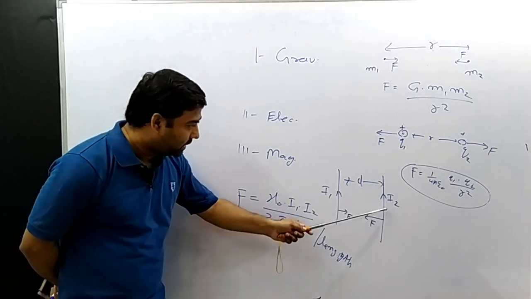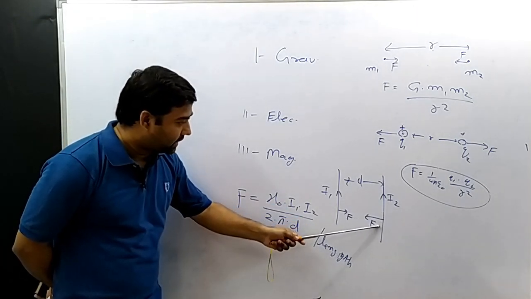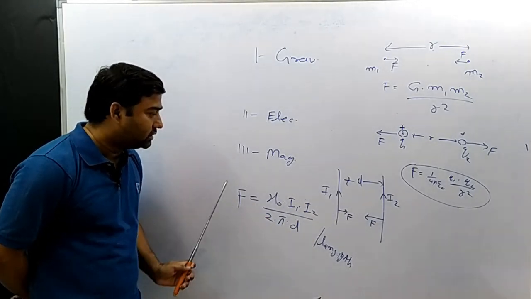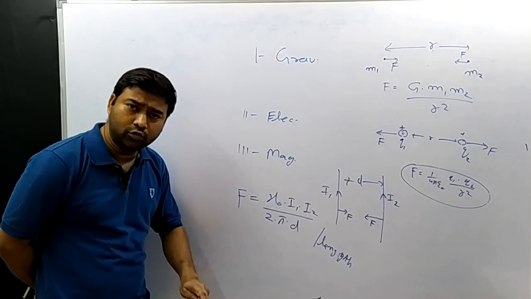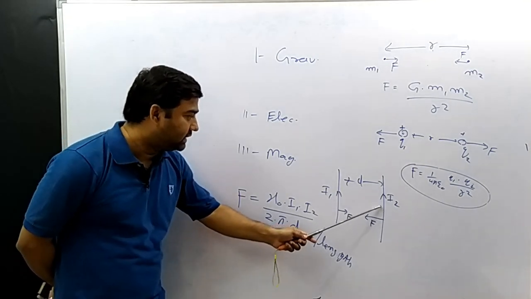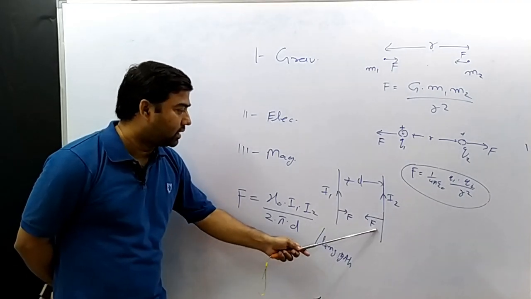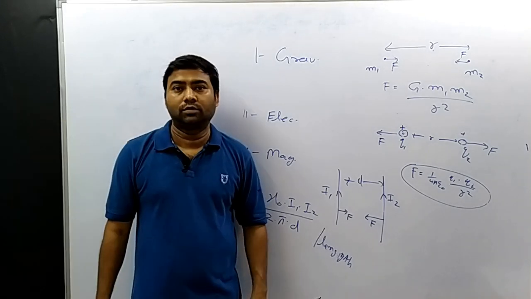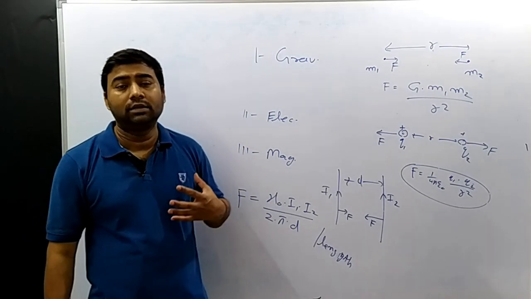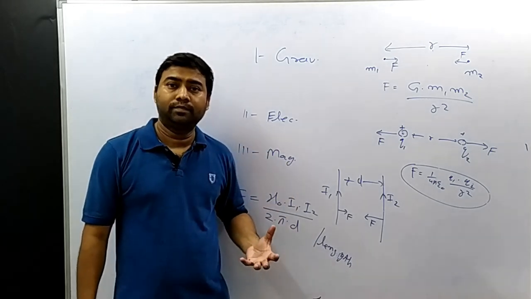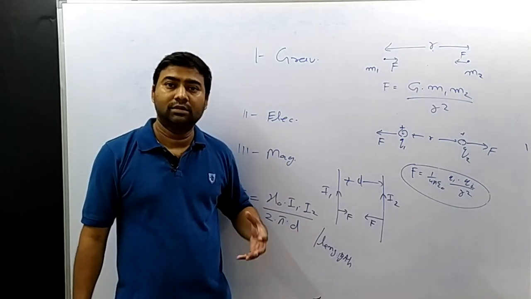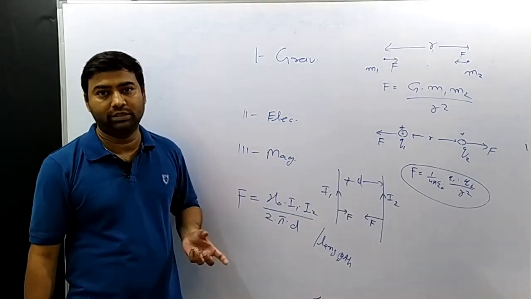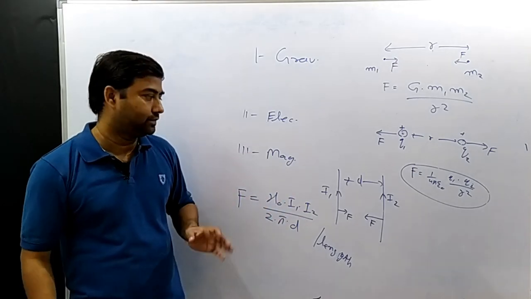Similarly, on the other wire, force F is exerted in the opposite direction with the same magnitude. So you will always find forces in paired form, in opposite directions with the same magnitude, acting on different bodies, not on the same body.